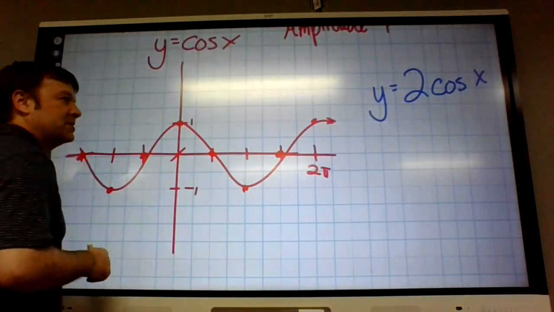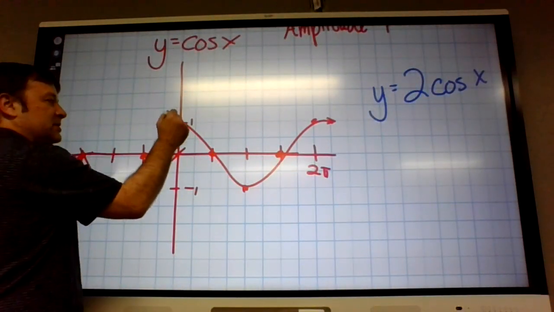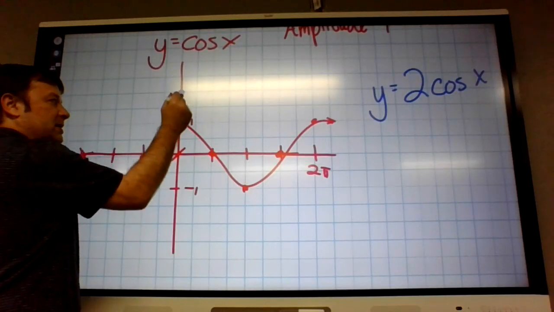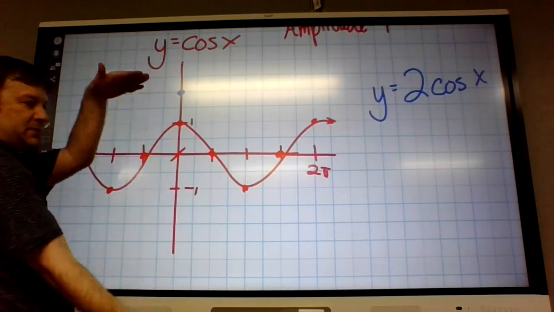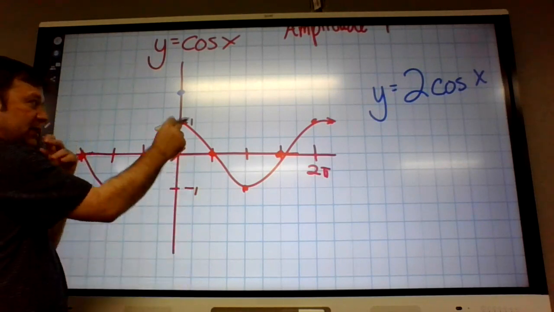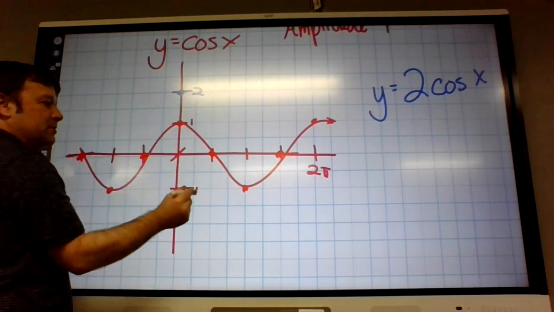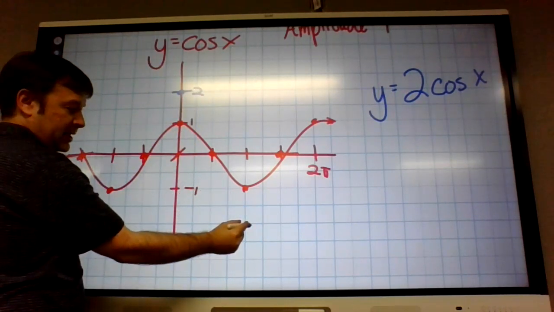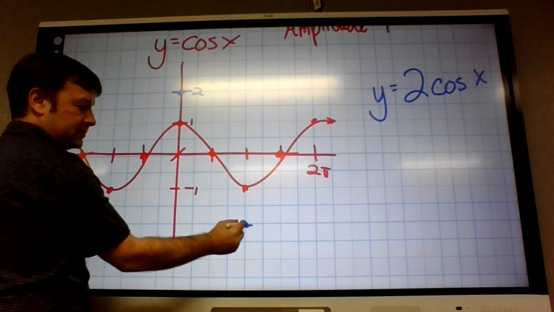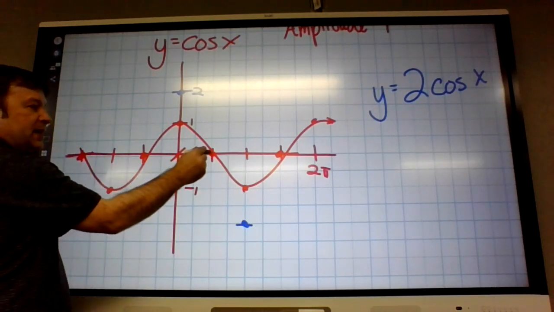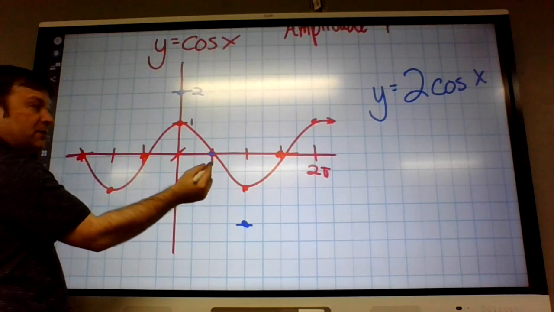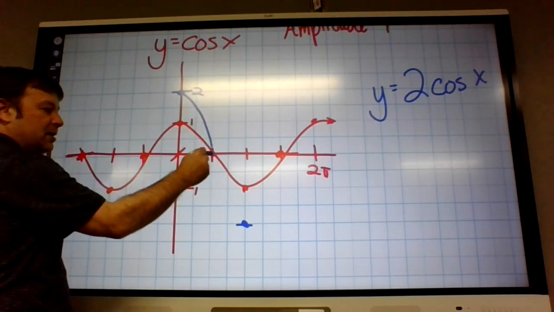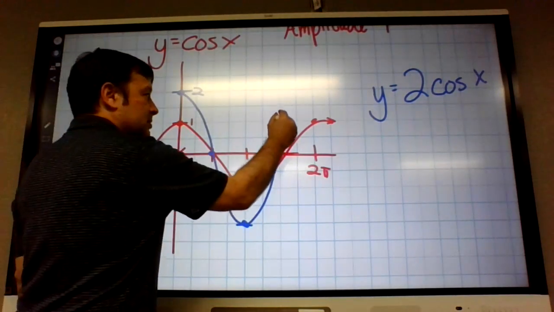Yeah, it is twice as tall. So, in other words, instead of going up to 1, it would go up to 2. Instead of going down to -1, it would go down to -2. And at 0, 0 times 2 is still 0, so it would still be there. So kind of like that.